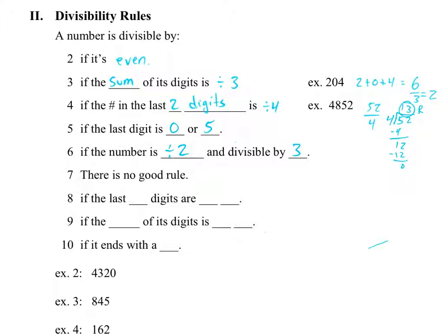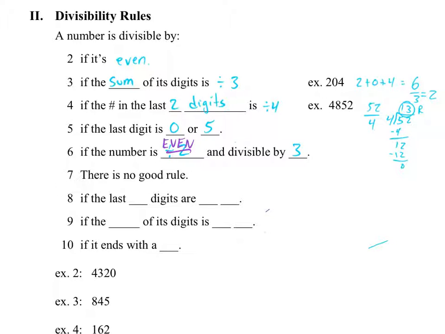We know something's divisible by 2 if it is even. That was our thing up here. So for this one, you could say 6 if the number is divisible by 2 and is divisible by 3. Or instead of divisible by 2, you could say that if the number is even. Either one would work, so pick whichever one you prefer.